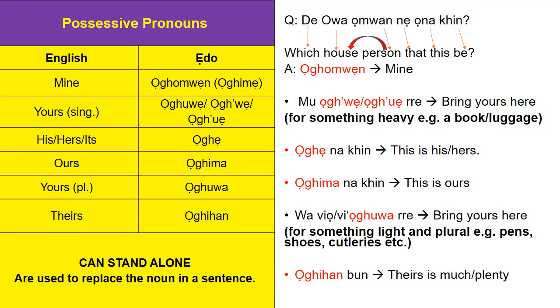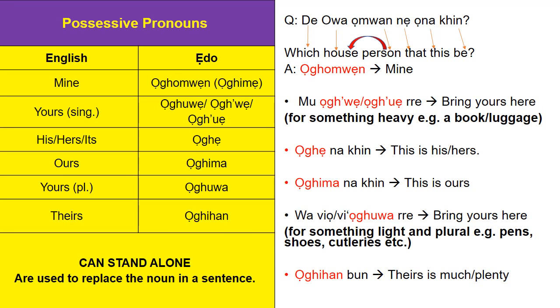And then for his, hers, or its, we have ore nahin. This na is the same na up here in ona, in the question there. But here we just use the short one. Ore nahin. You can also say ore ona nahin, but again, you don't, because ore ends with a vowel, and ona starts with a vowel.